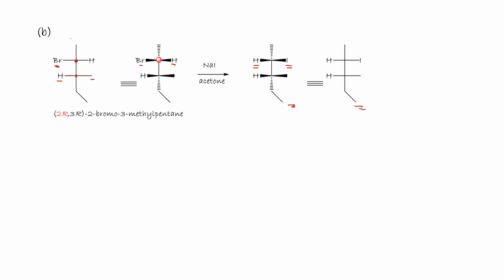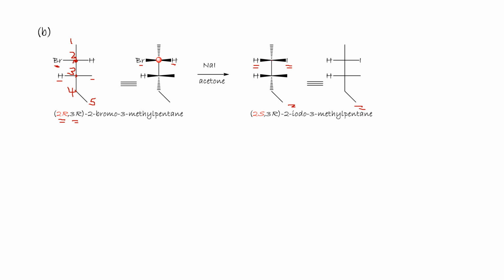Carbon 1, 2, 3, as we mentioned, 4 and 5. On 2, it's R configuration. On 3, it is R configuration. Now, the reaction took place on carbon number 2 with inversion.